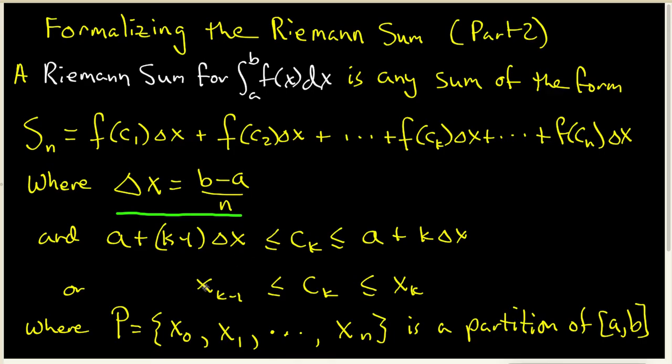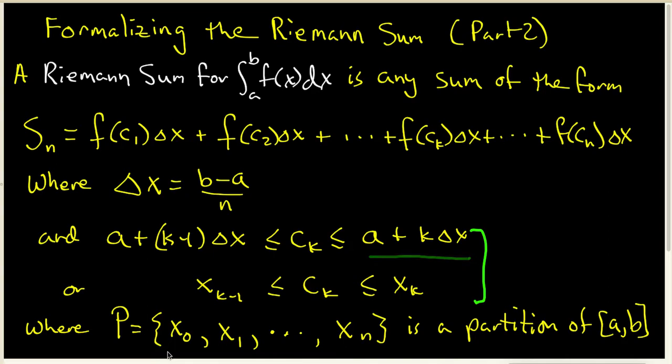where delta x is equal to (b minus a) divided by n, that is the width of all of the rectangles, and the ck's are sample points from the kth subinterval, and the kth subinterval is either written as xk minus 1 to xk, or it can be written as a plus (k minus 1) times delta x to a plus k times delta x. So these two statements are saying the same thing.